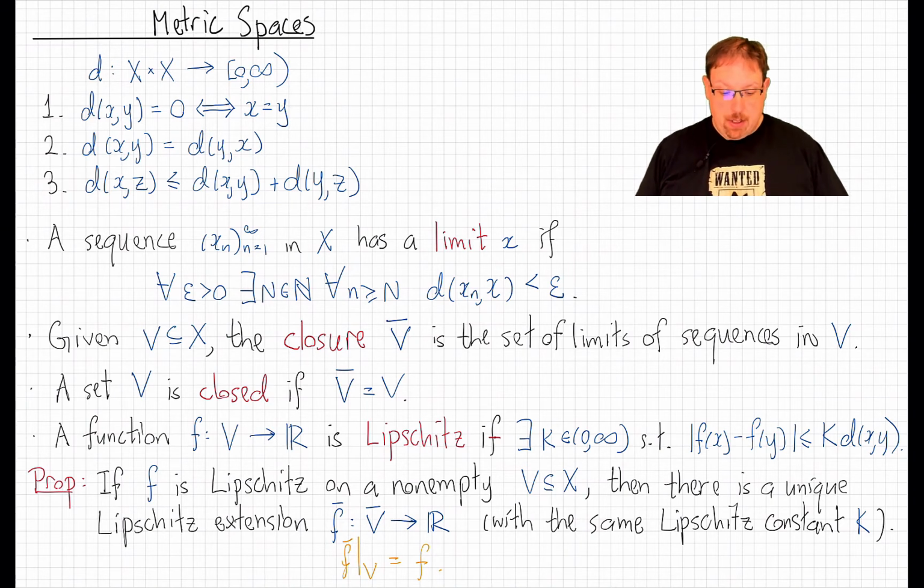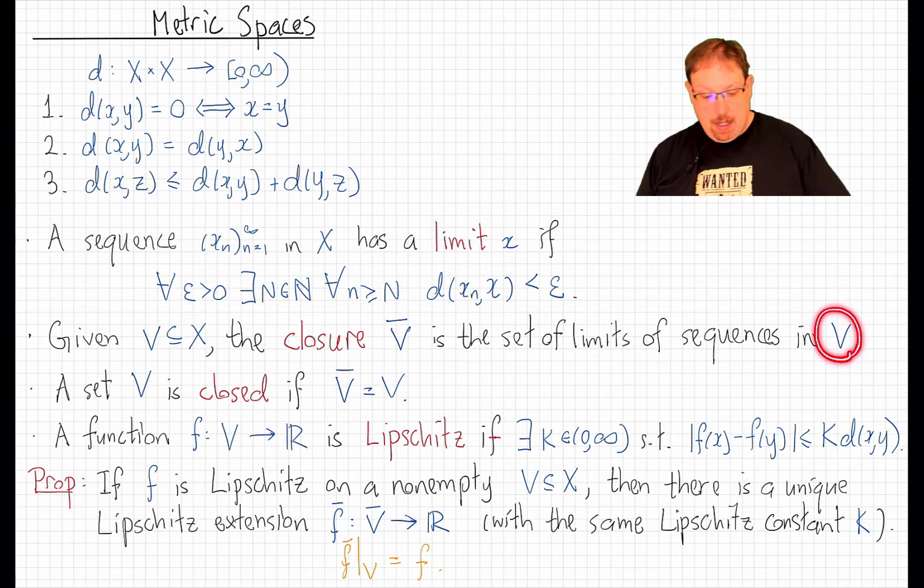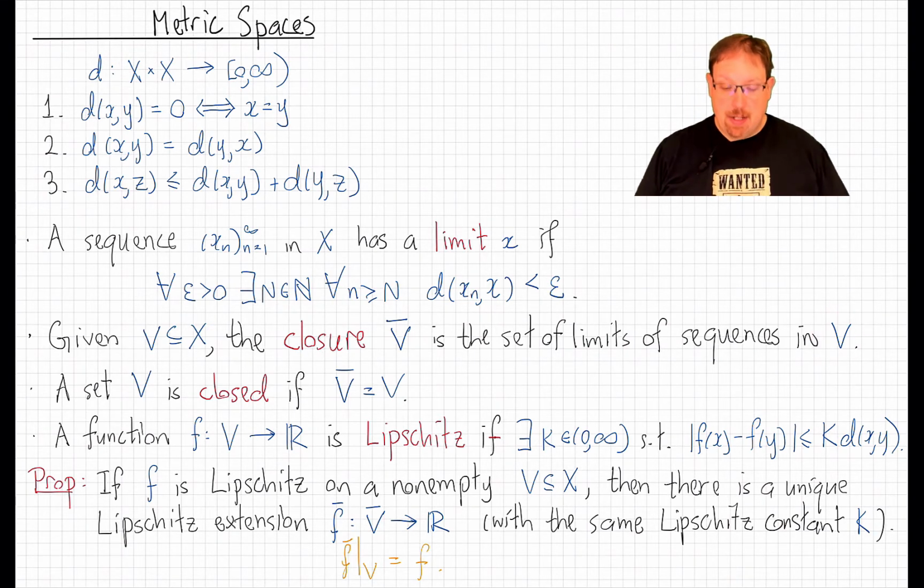We can use sequences to define closures. Given any subset V of our metric space, its closure is the set of limits of sequences that live in the set V. And in particular, the notion of a closed set is the same as demanding that the set is equal to its closure. It contains all of its limit points.